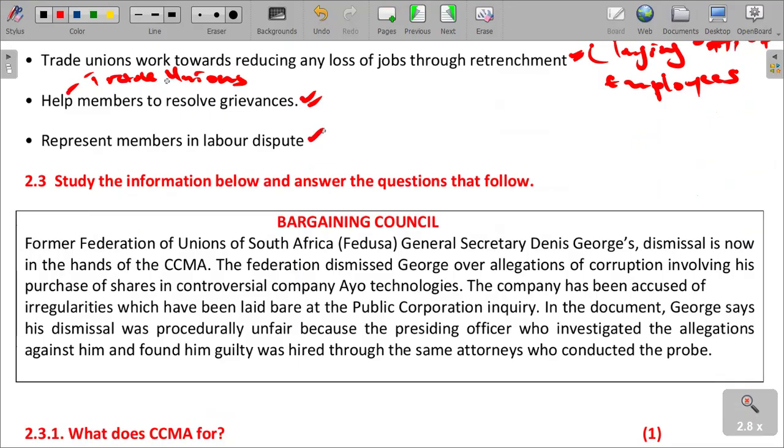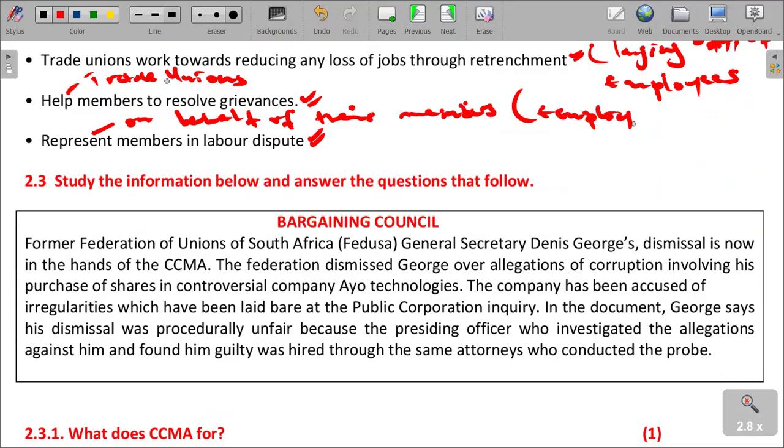Trade unions are the ones who negotiate on behalf of their members. Their members are the employees. So now they actually take part, they actually represent them.